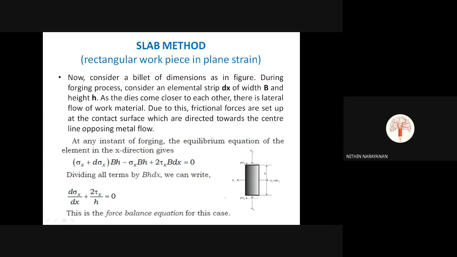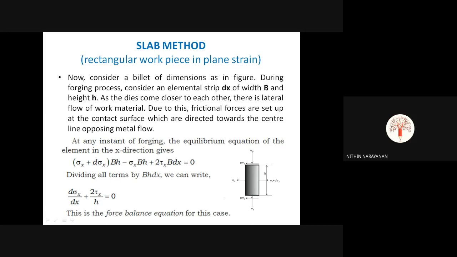This is the slab method for a rectangular workpiece in plane strain. During the forging process, consider an elemental strip dh of width B and height H.